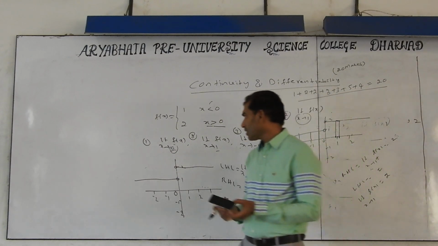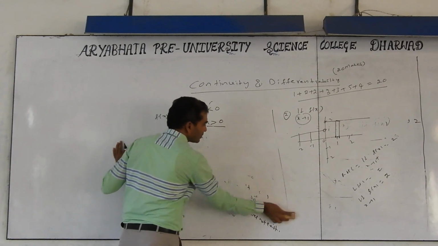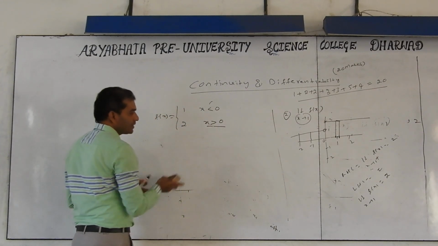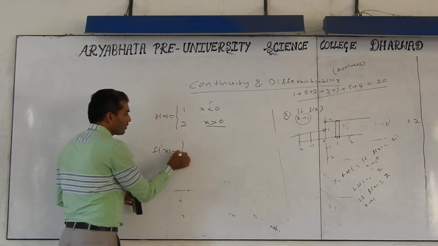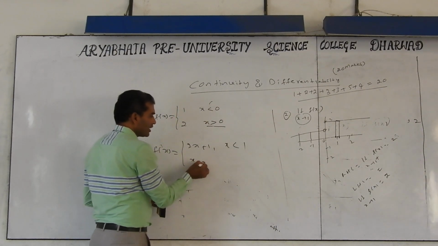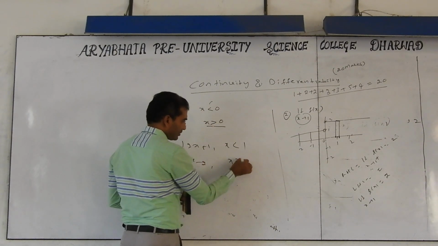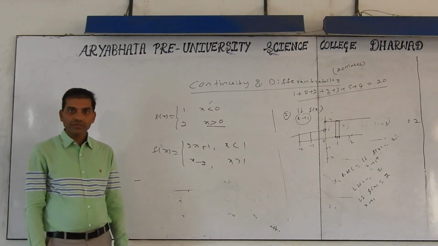Let us discuss the changing functions. This is changing at what point? 0. Now one more question: f of x equals 2x plus 1 for x less than 1, and x minus 2 for x greater than 1. Tell me, this function is changing at what point?